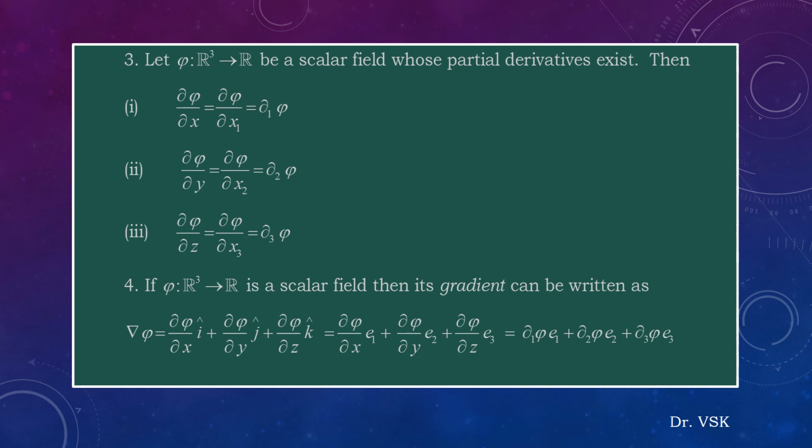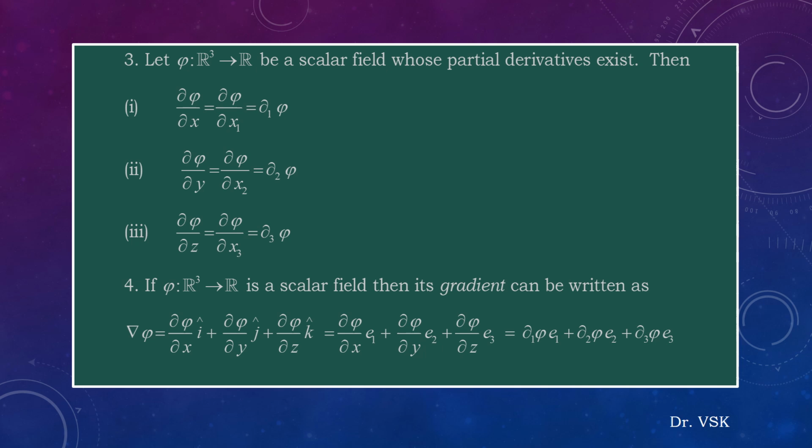Similarly, dou phi by dou y can be written as dou phi by dou x2. We represent this dou phi by dou x2 by using the symbol dou 2 phi. So, dou phi by dou y can be replaced with dou 2 phi. Similarly, dou phi by dou z can be written as dou phi by dou x3 by replacing z with x3.